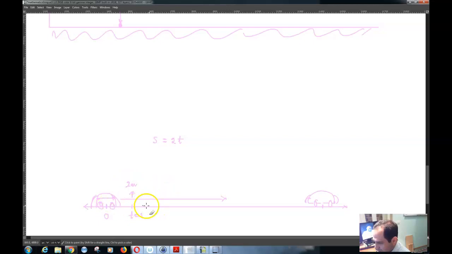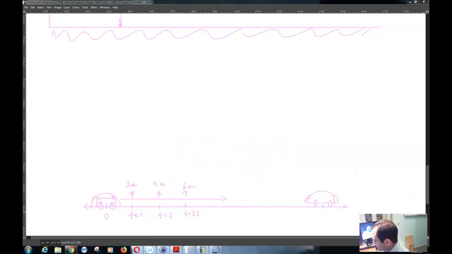When t is equal to 2, the position of the car along the road would be 4 meters. At t is equal to 3 seconds, the position of the car would be 6 meters, and so on and so forth.